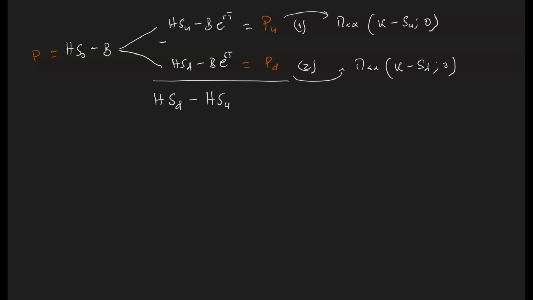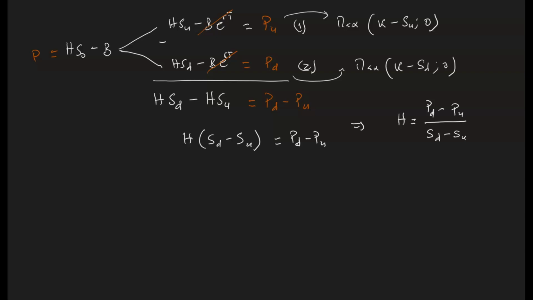So these are going to cancel each other also, and we're going to be left with put down minus put up. And so from here we can say H stock down minus stock up is equal to put down minus put up, which means that H is equal to put down minus put up divided by stock down minus stock up.